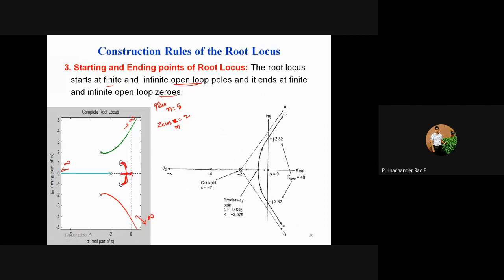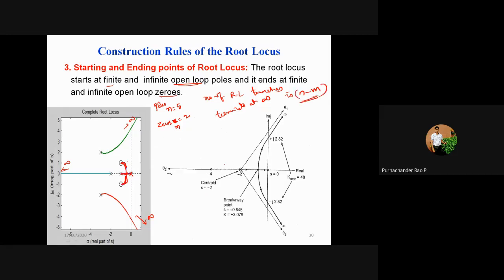So the number of root locus branches terminating at infinity is given by n minus m. This is very, very important.